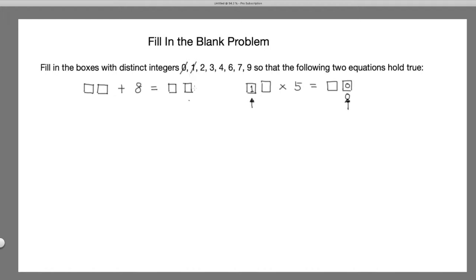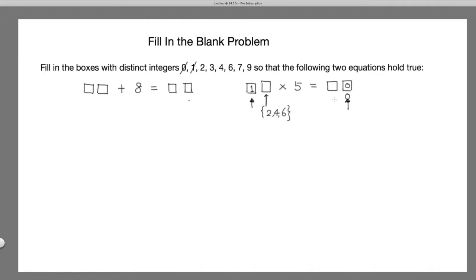So we got the 0 and 1. We can cross them out. Now we have 6 boxes and 6 digits. And we know that there's going to be a 1-something, a 2-digit number, times 5 equals a 2-digit number that ends with 0. So we know that this digit is going to be even. The even digits possible there are 2, 4, 6.